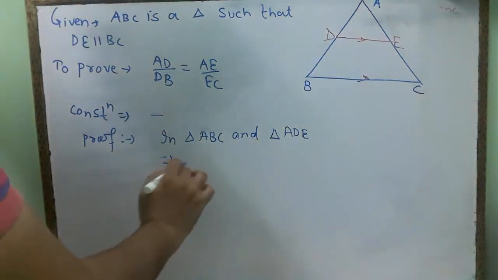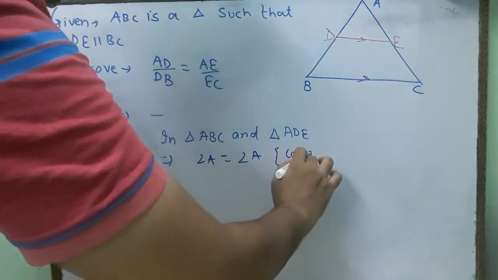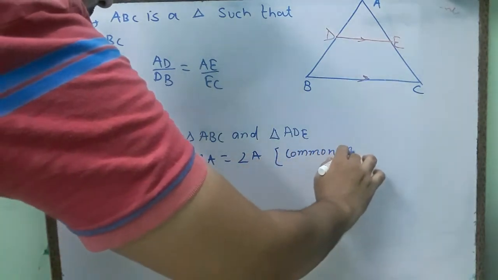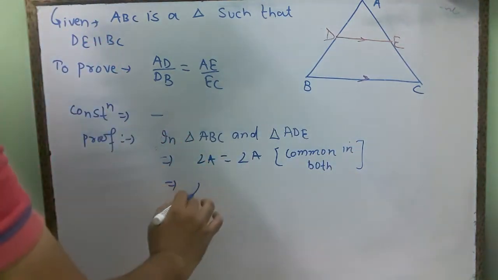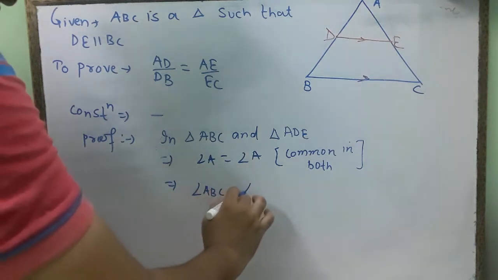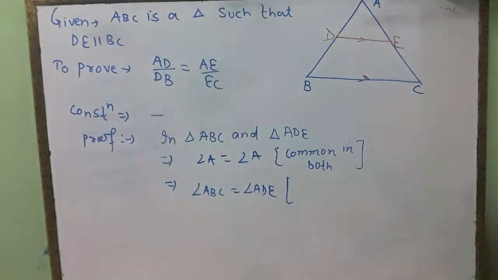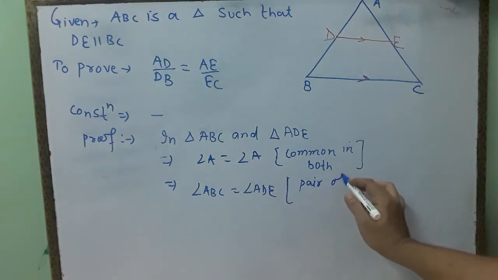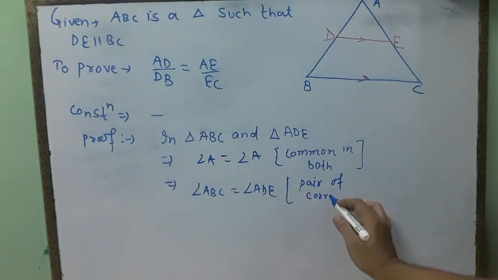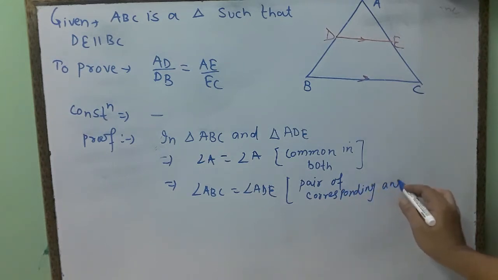First, angle A is equal to angle A, which is common in both. Now the second is angle ABC is equal to angle ADE, a pair of corresponding angles.